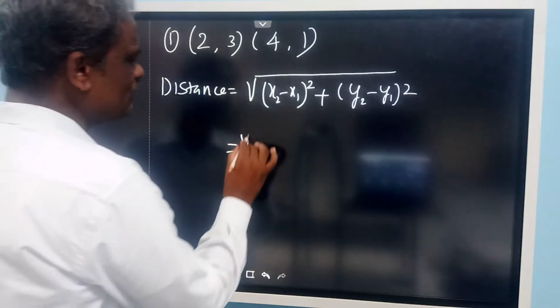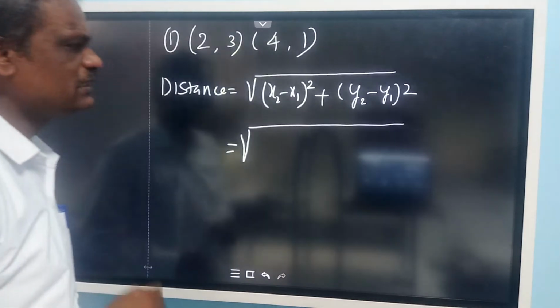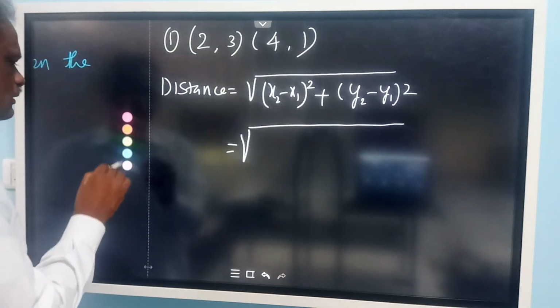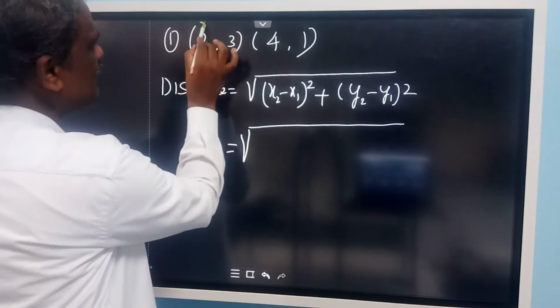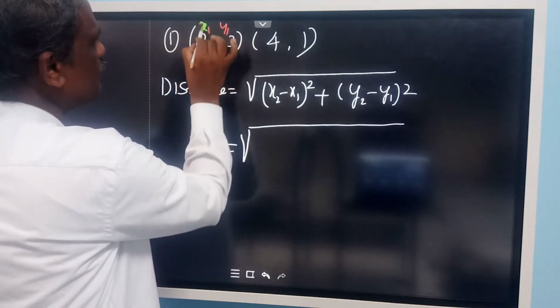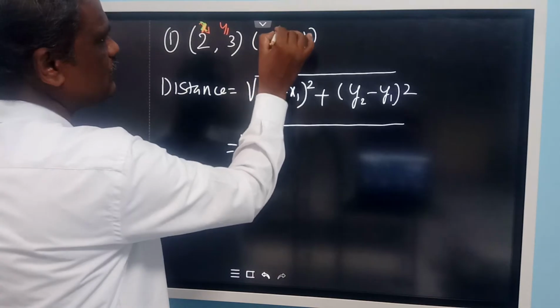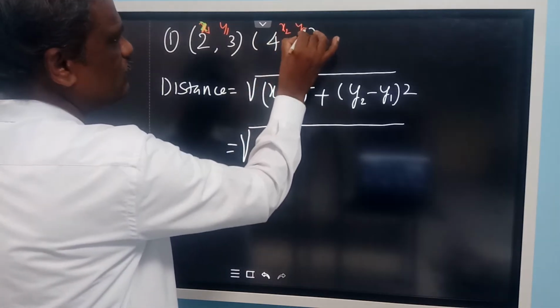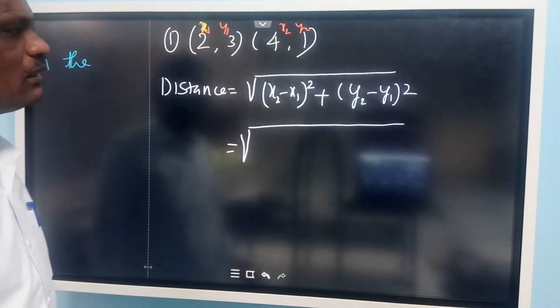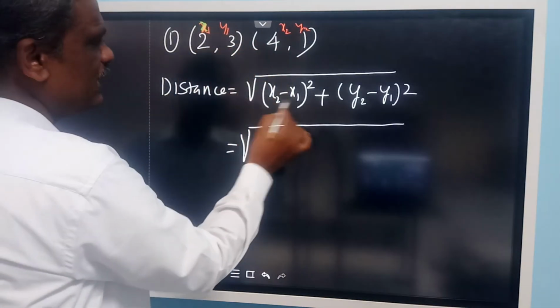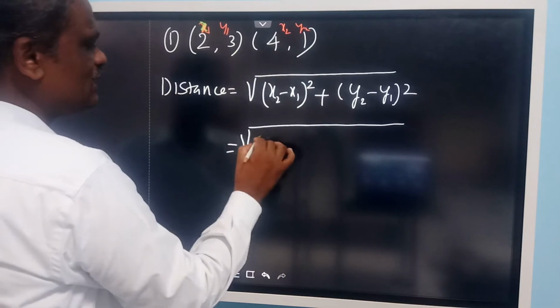So now the distance between these 2 points, I have to take which is x1, which is x2, y1 and y2. So I am going to write here, this is x1, y1, and this is x2, y2. Now you can substitute this value, x2 minus x1, 4 minus 2 whole square.